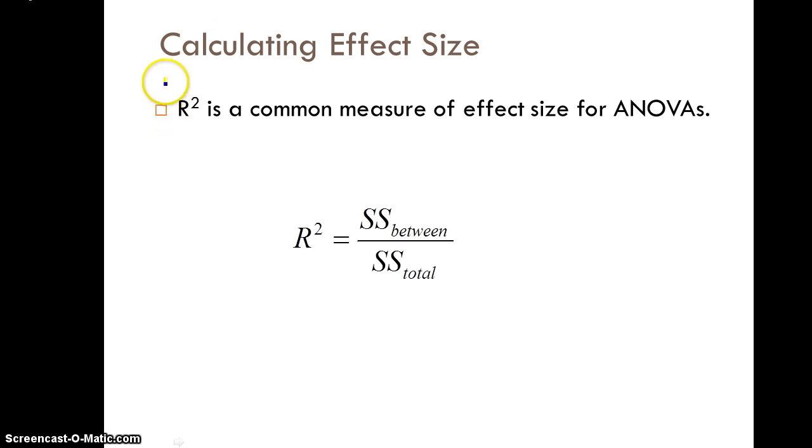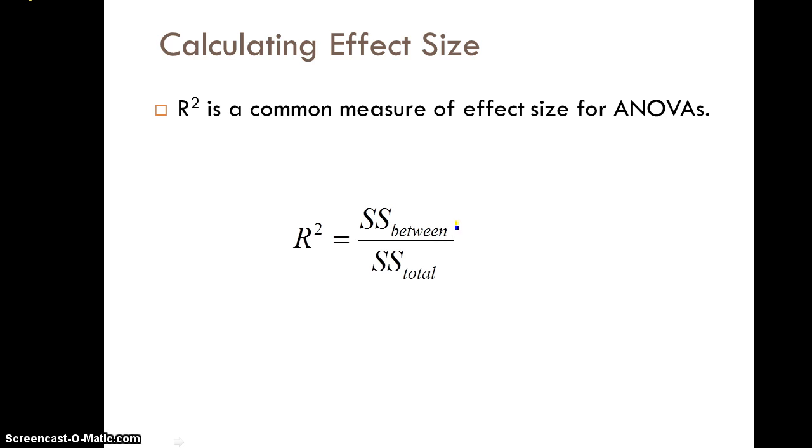So here, moving on to effect size, we use a different effect size, and what we use is r squared. That is basically the proportion of variance accounted for by the independent variable. So really what it tells us is how well the independent variable explains all of the variability among the scores.